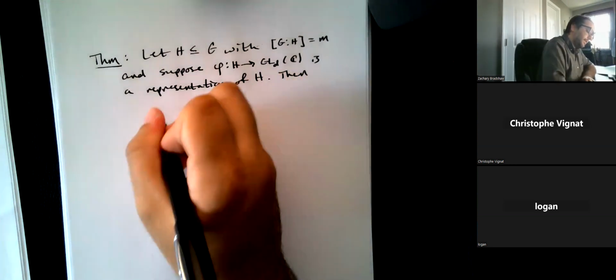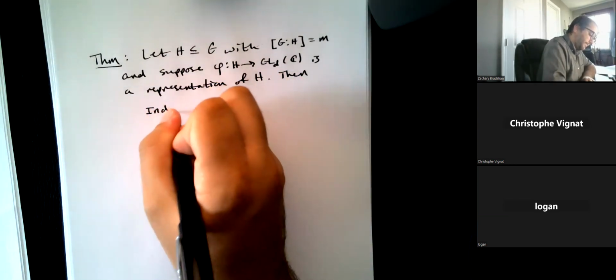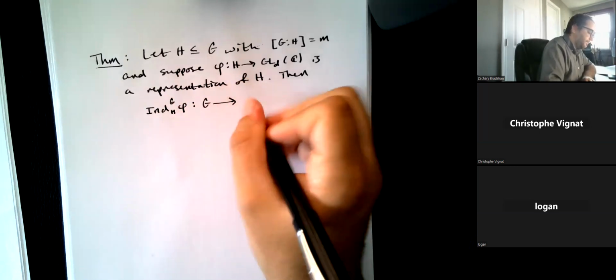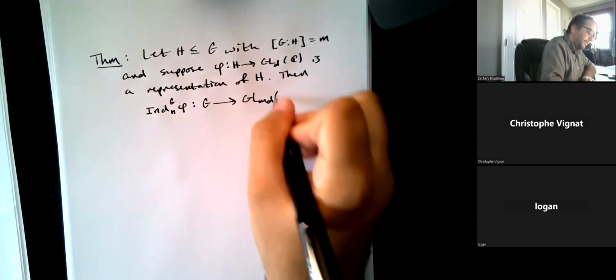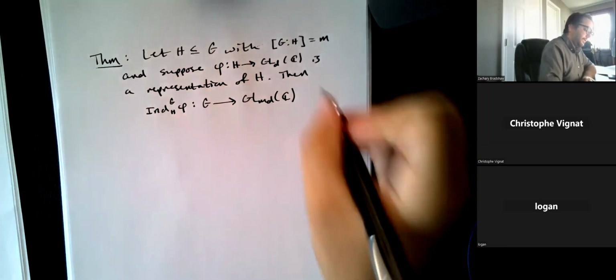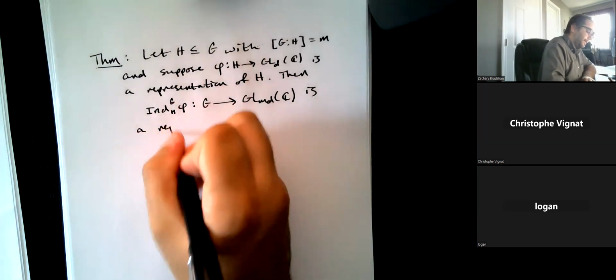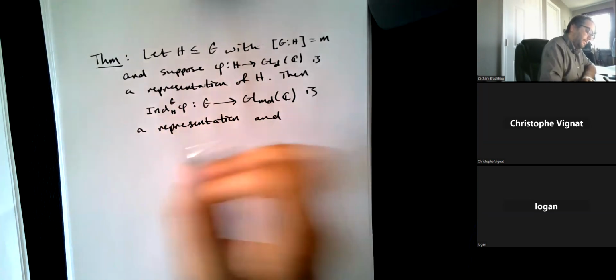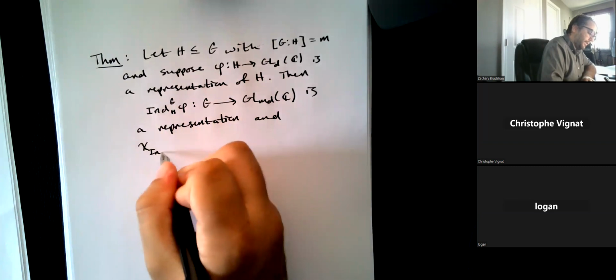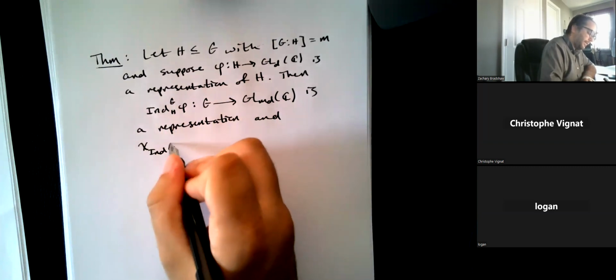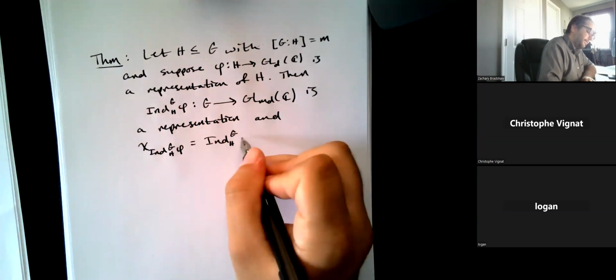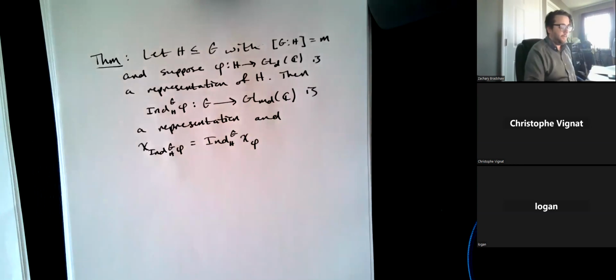Then the induced map from H to G on phi, which maps from G to GL_md by definition, is a representation. And moreover, the character of this induced representation is just the induction of the character of the original representation, just like the restriction map.